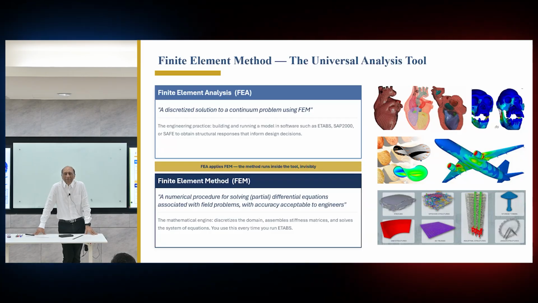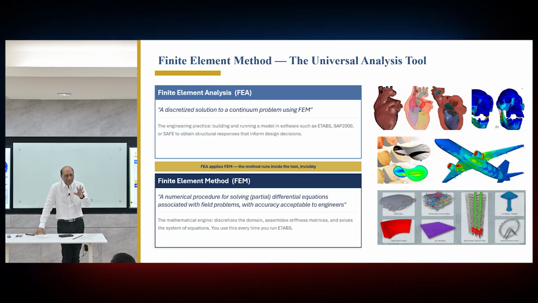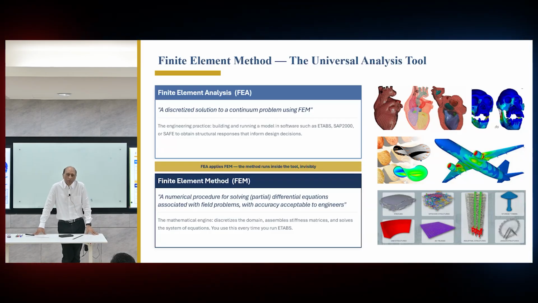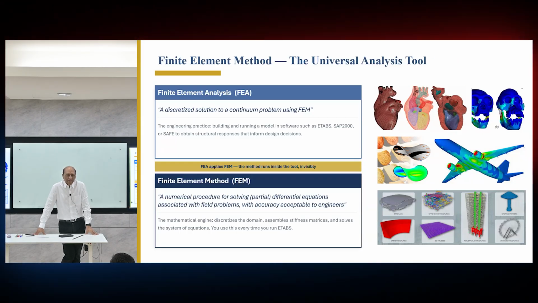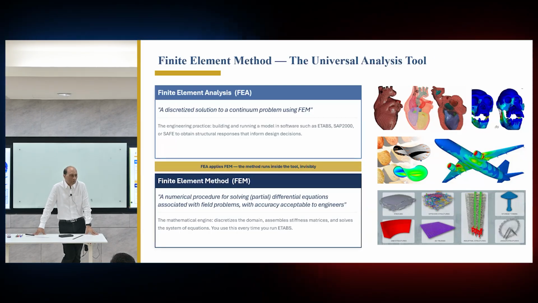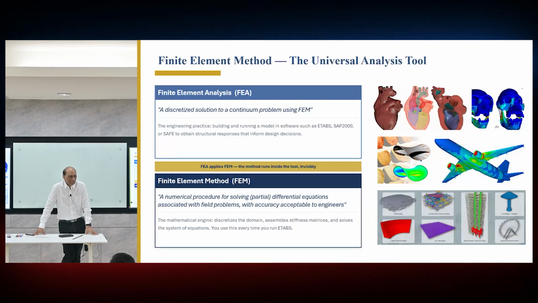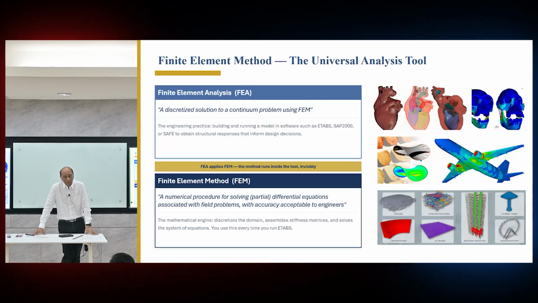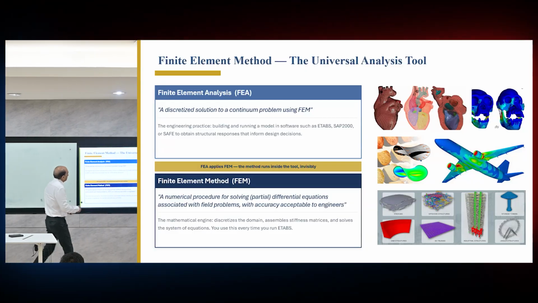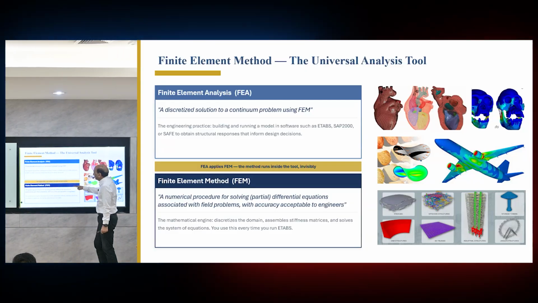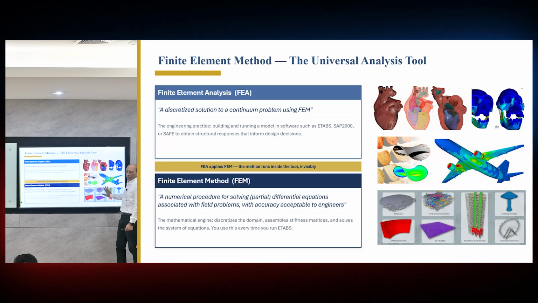Even they don't use FEM in that. They do shape functions and things like that, but it's mostly developed. The development in FEM has stopped maybe 20 years ago. It's just the same as it was 25 years ago. Nothing new has happened. There's a lot to do, but it's not happening at the same rate. So that's why both of these, FEA and FEM, can solve all these problems.